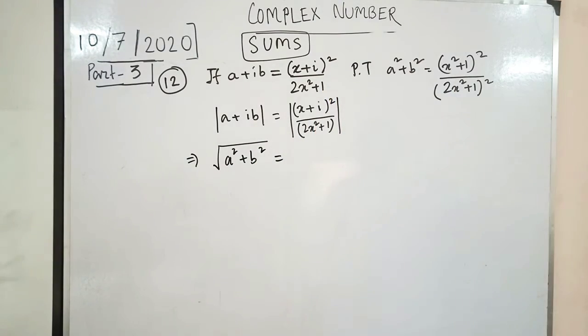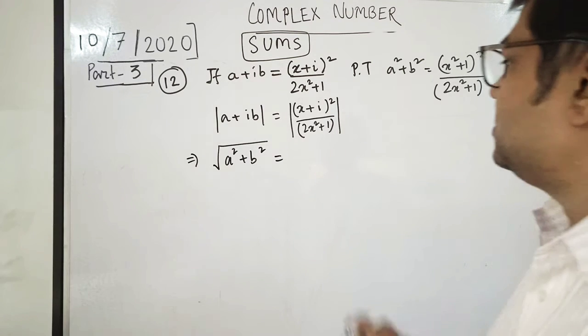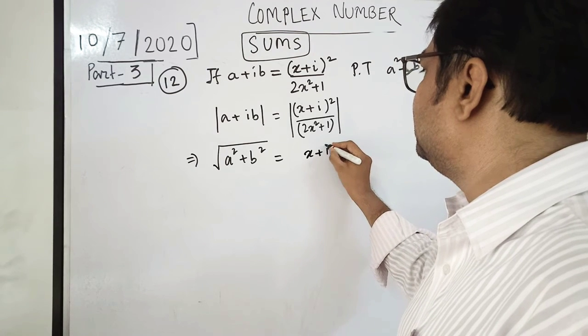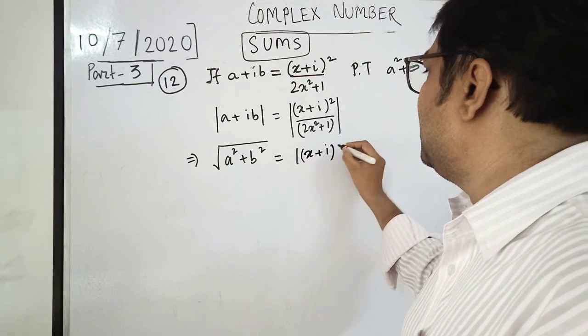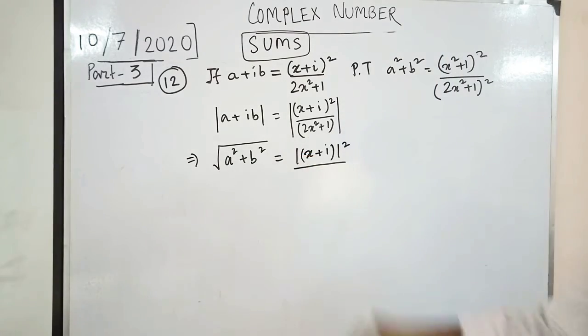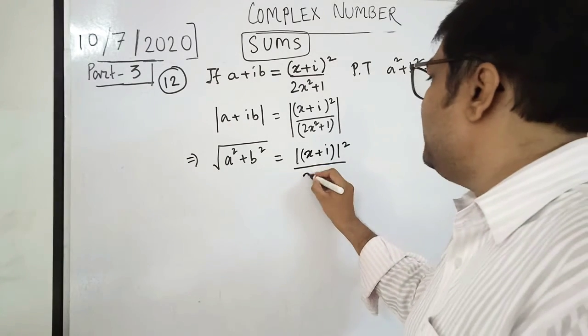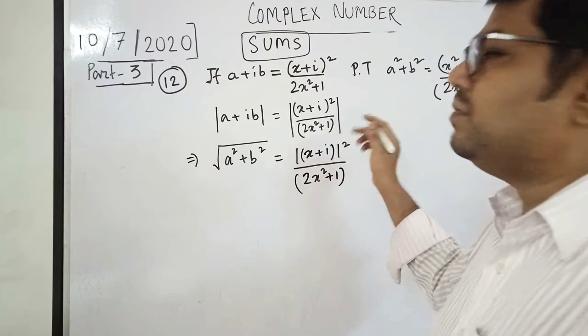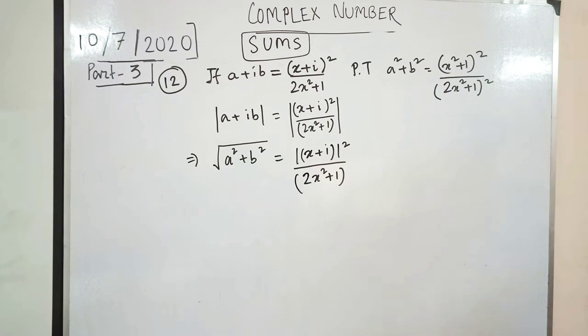This is (x plus i) whole square over 2x square plus 1. So I can write mod of x plus i, and that squared. Since the denominator has no i in it, it is not a complex number, so mod will have basically no effect on it. Why? Because mod of 5 is 5. So mod of 2x square plus 1 will be 2x square plus 1.